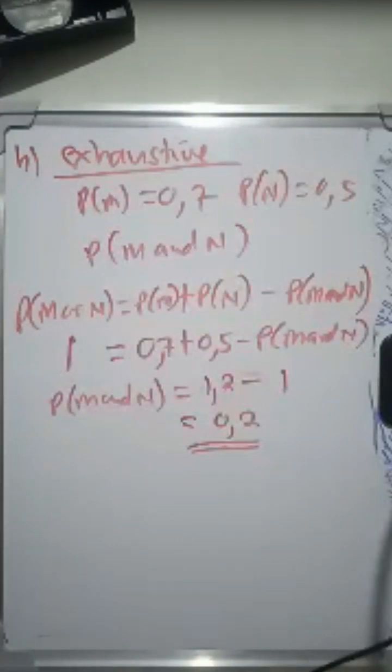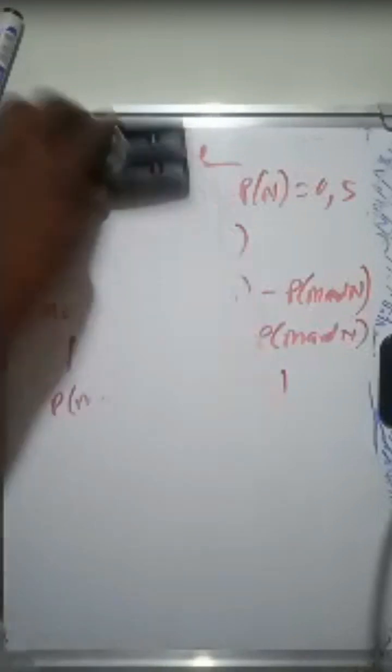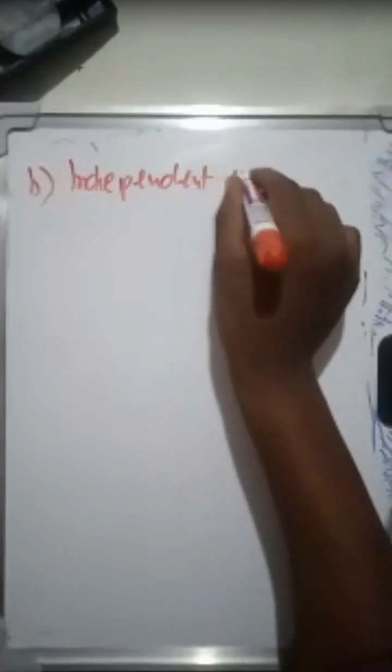The other exercise that is written exercise number 2. Let's go to exercise number 2. Okay. On exercise number 2, we have number B. Let's do number B. Given two independent events, A and B. Here, the keyword is we are given that they are independent events.